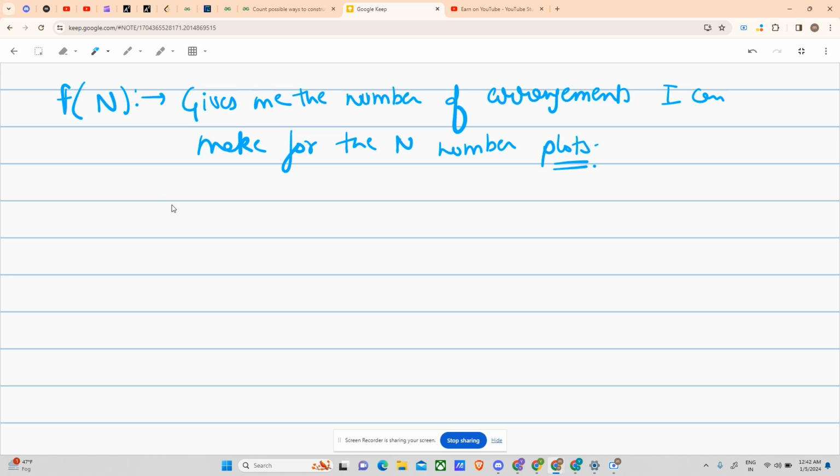How will I proceed? I will send 0 as the starting index, and I will go up till n. So how will my recursion look like? It will look like f of index with n.